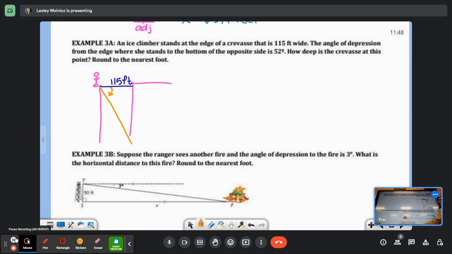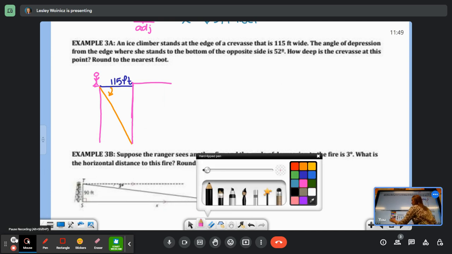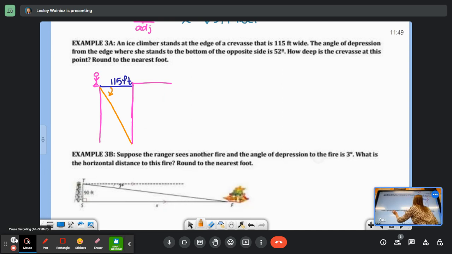Do I need to go back and wait for everyone to catch up, or just pause? Okay. So what is that angle of depression from the horizontal? Yeah, 52.